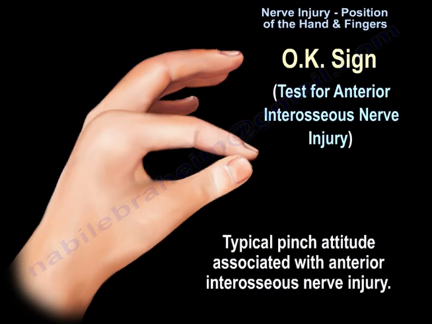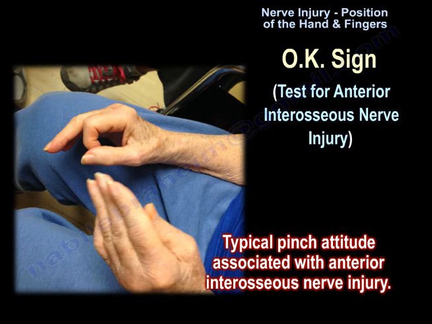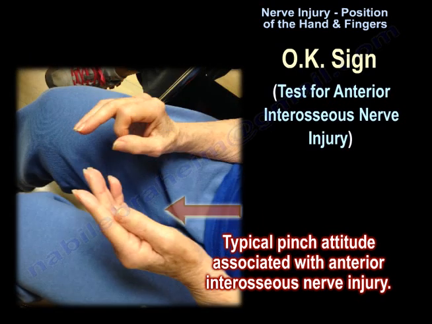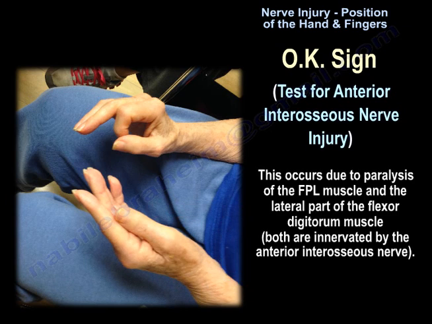This is a typical pinch attitude associated with an anterior interosseous nerve injury, as you can see here. This occurs due to paralysis of the flexor pollicis longus muscle and the lateral part of the flexor digitorum profundus muscle. Both are innervated by the anterior interosseous nerve.